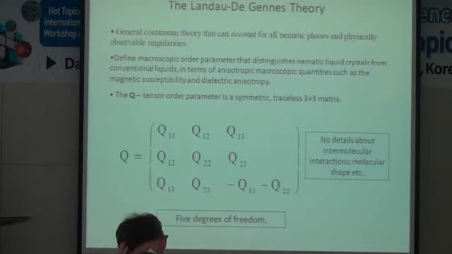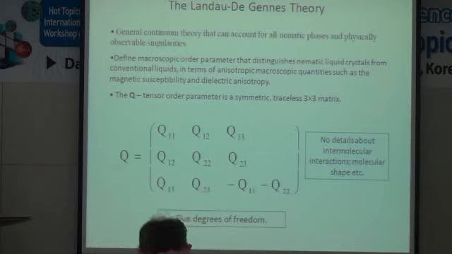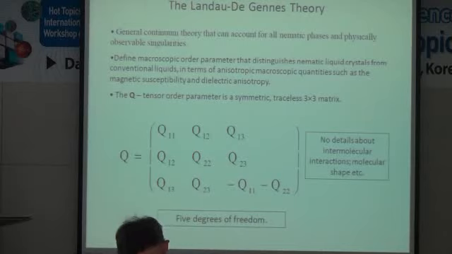The Landau-de Gennes theory, like I've already said, is again a macroscopic theory. So it describes the state of a nematic liquid crystal by a macroscopic order parameter, which is the Q-tensor order parameter, which in principle can be defined in terms of anisotropic macroscopic quantities like the dielectric anisotropy or the magnetic susceptibility.